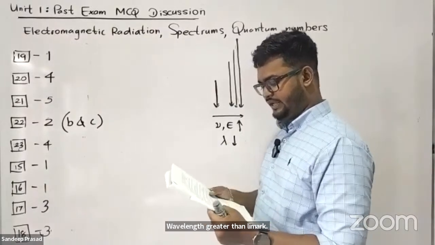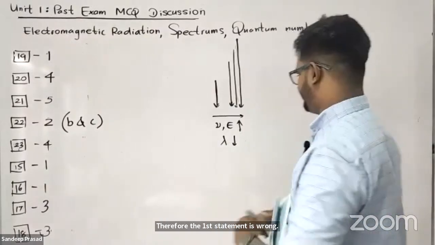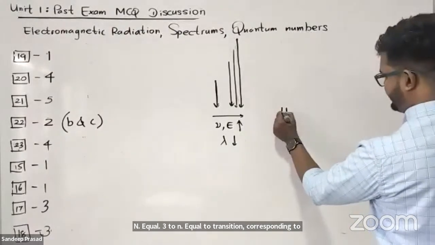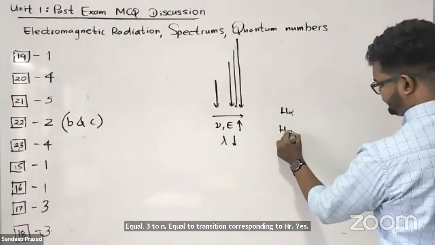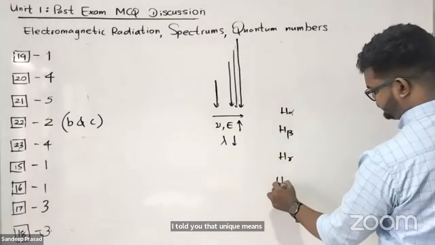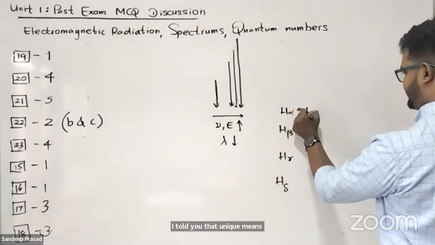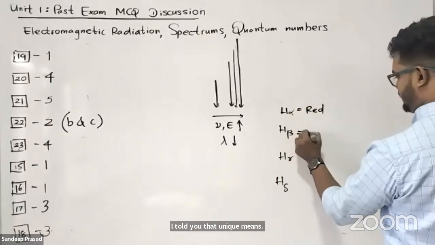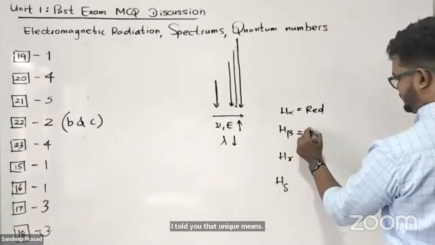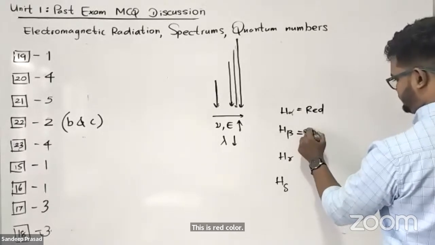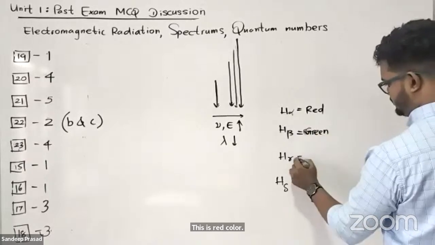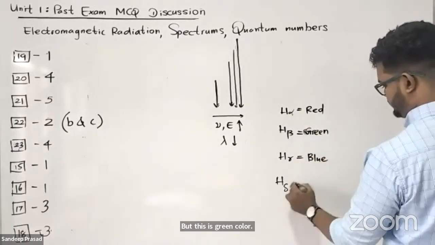N equal 3 to N equal 2 transition corresponding to H alpha. Yes. I told you that H alpha means this is red color, this is green color, blue color, violet.